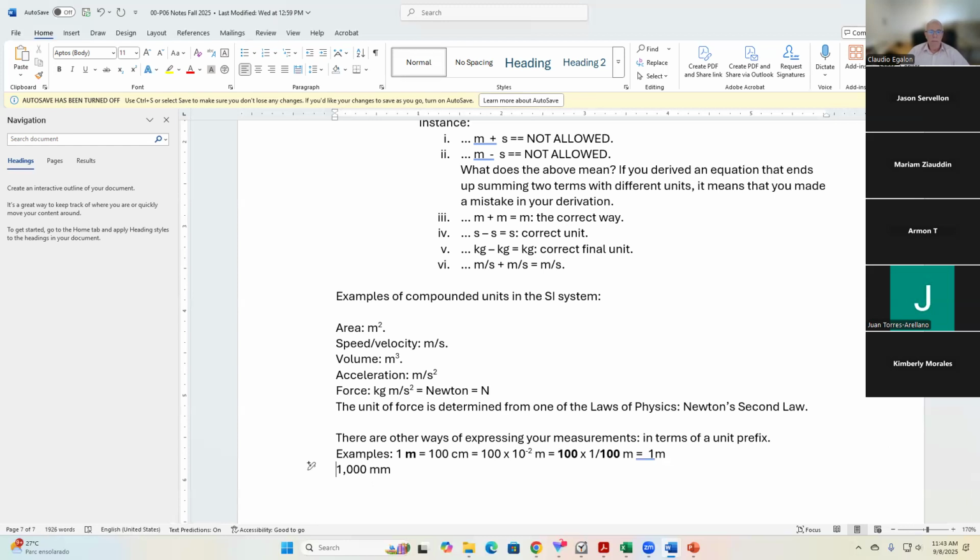Another example: 1 meter is also equal to 1,000 millimeters, right? Milli means 1 over 1,000. When you do the math, let me put the multiplication here.